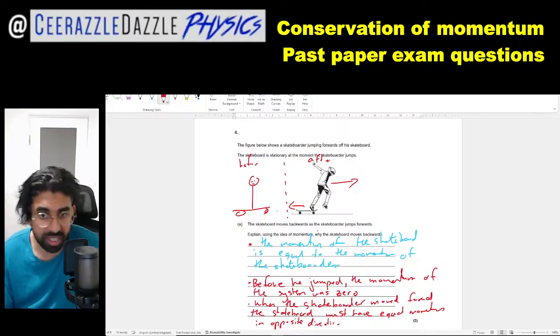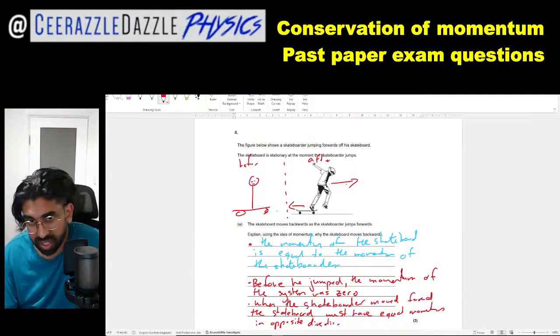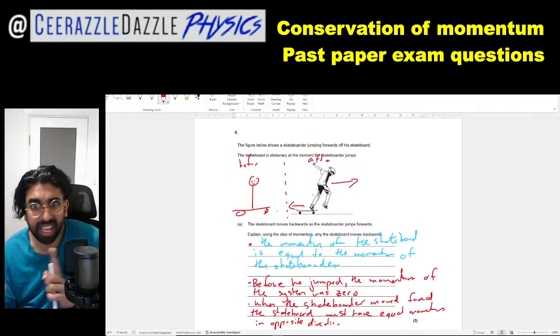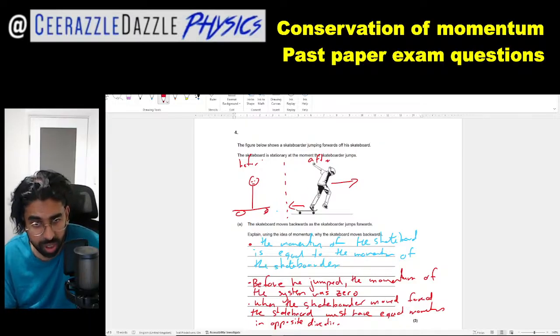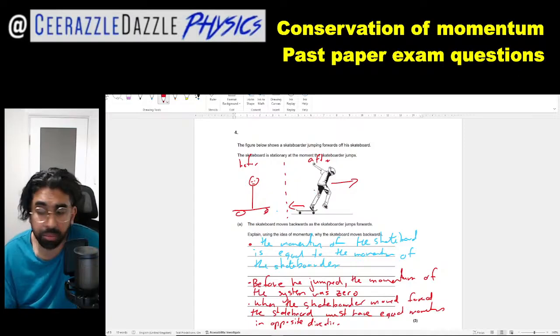Don't forget, because the skateboarder is moving in this direction, the skateboard is moving in the opposite direction over here, hence why they cancel out. The total momentum was 0 at the start, so these two momentums, if you add them together, will then be 0.